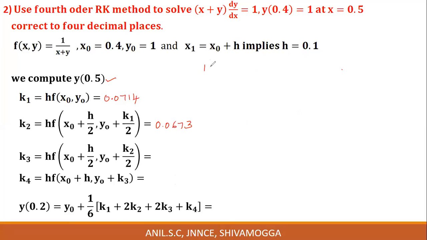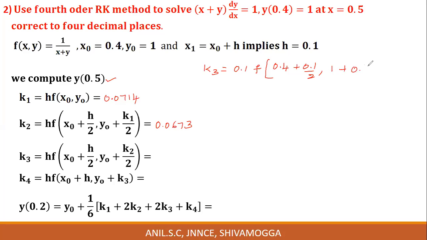Next, we find K3. K3 is given by h into f of x naught plus h by 2, comma y naught plus K2 by 2. Here h is 0.1 into f of x naught plus h by 2. x naught is 0.4 plus h by 2 is 0.1 divided by 2, comma y naught is 1 plus K2 by 2.